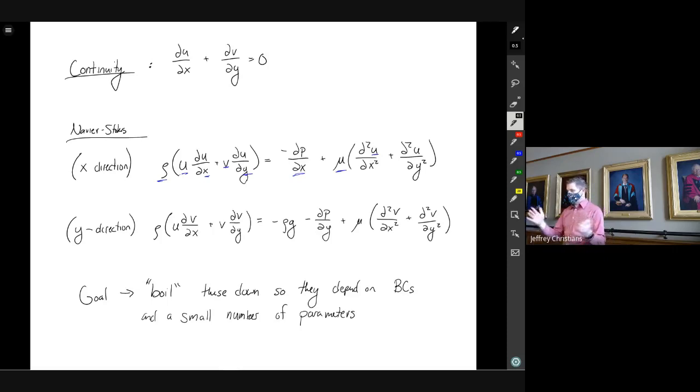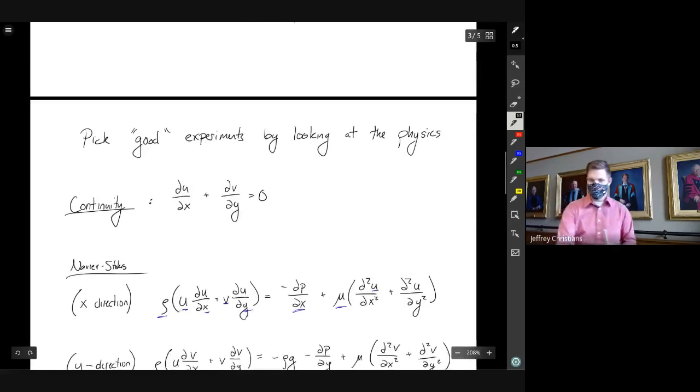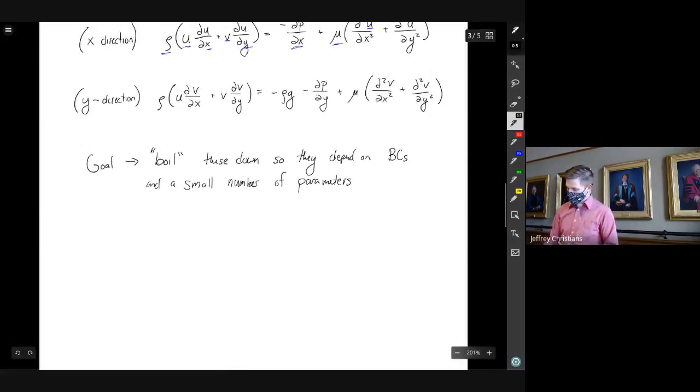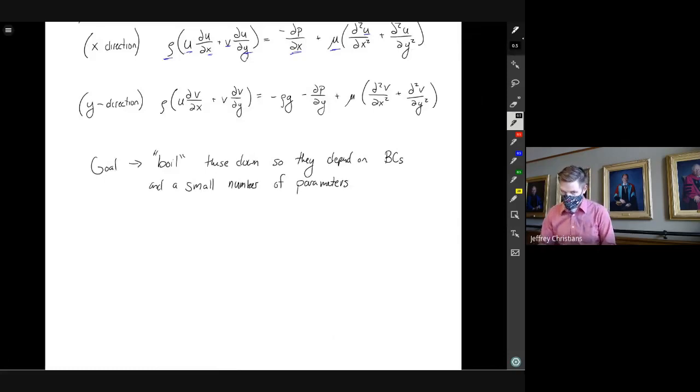So instead of all these different things, let's boil it down, so the solution is still going to depend on the boundary conditions or the shape. If you want to look at the building, your scale model has to match the full scale model in terms of what it looks like and the shape, but then also whatever the important parameters happen to be. So we do that by non-dimensionalizing the problem.